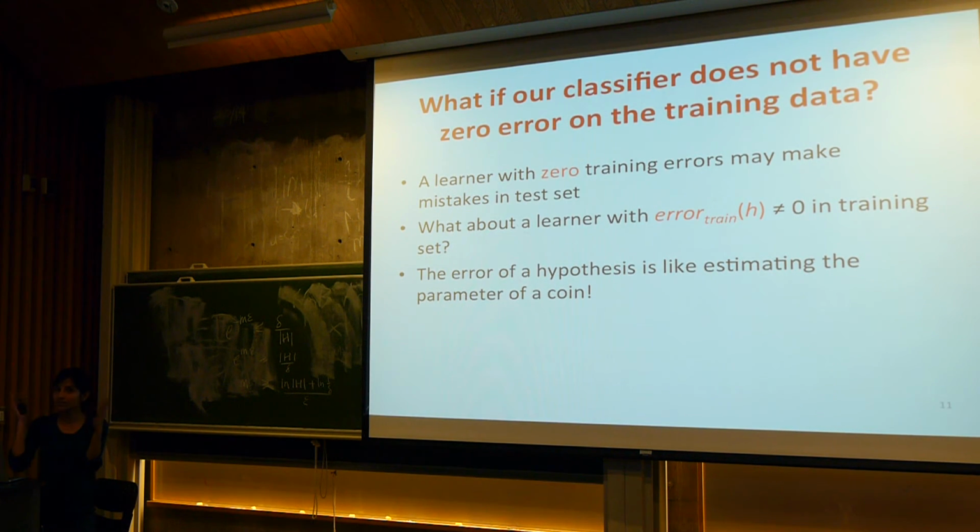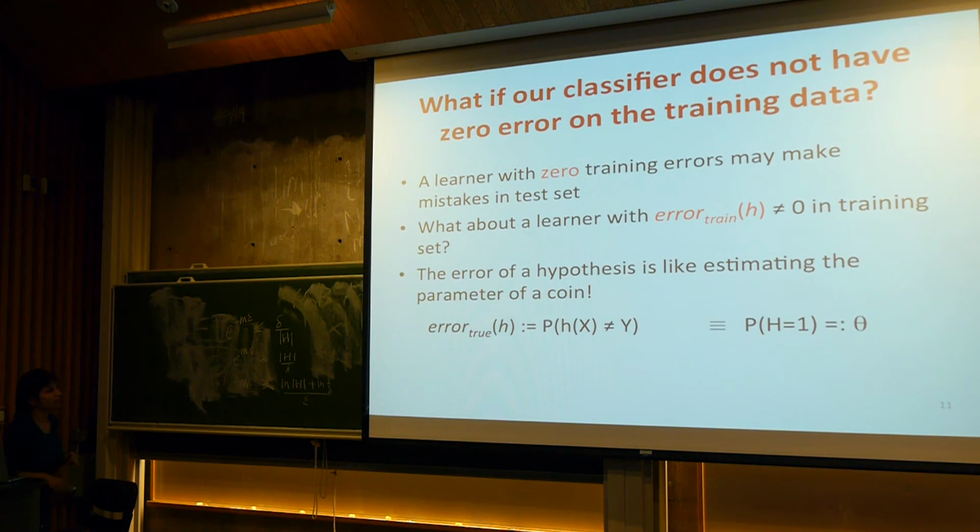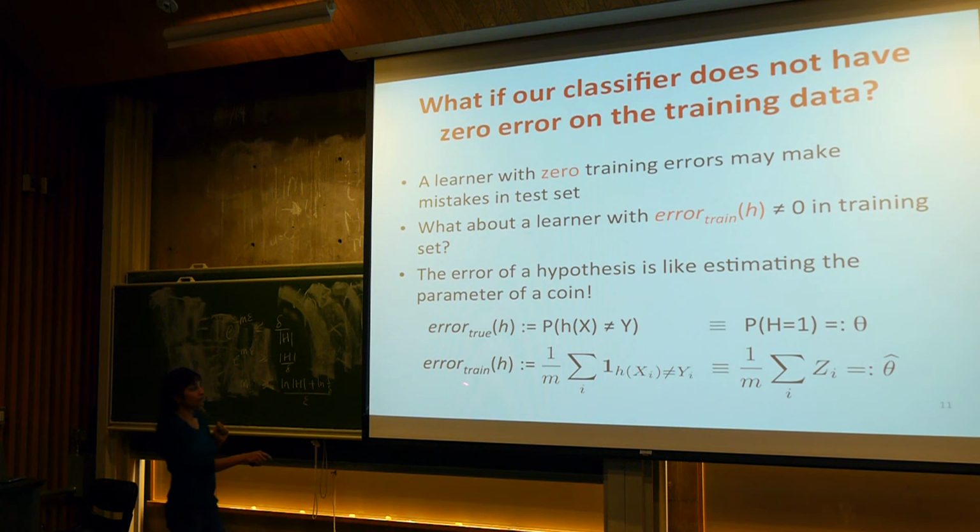Okay, with this correspondence in mind, we can think of writing the true error, which is the probability that the predicted label h of x does not agree with y, as the probability of a coin showing up heads, whether the labels match or not. We've converted that to a head or tail problem. And what's the training error?